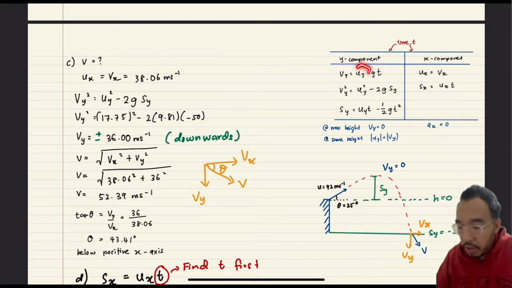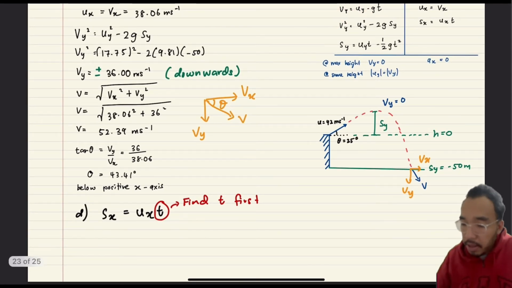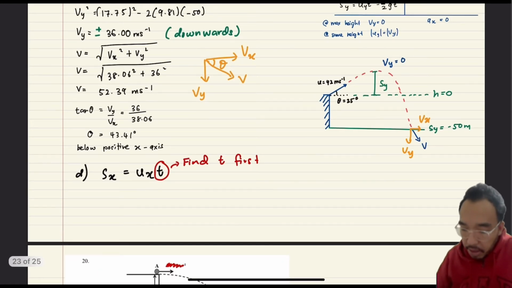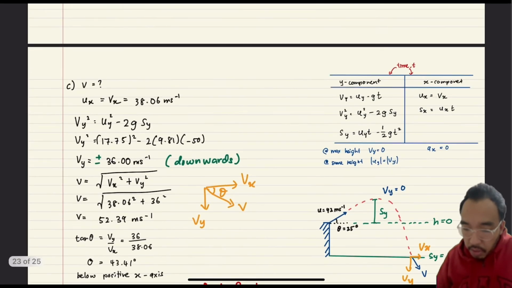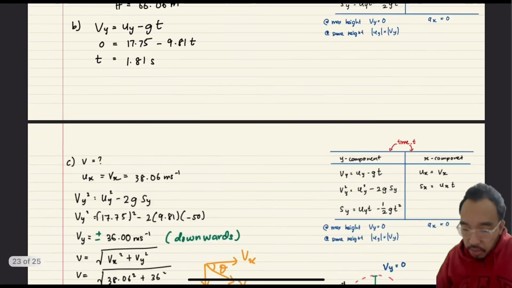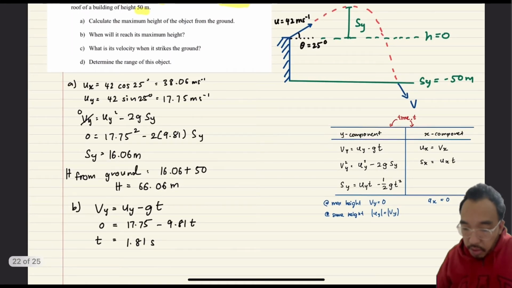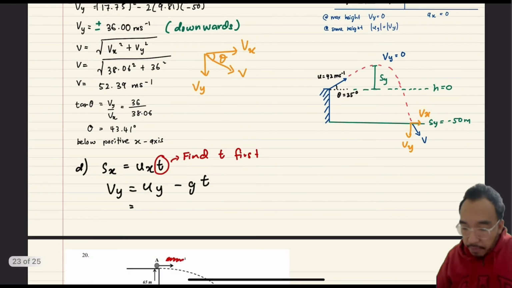But make sure you use Vy corresponding to this position. This is very important. So if I use Vy equals Uy minus gt, Uy shouldn't be a problem. Uy will be equal to 17.75 there, minus 9.81 t.